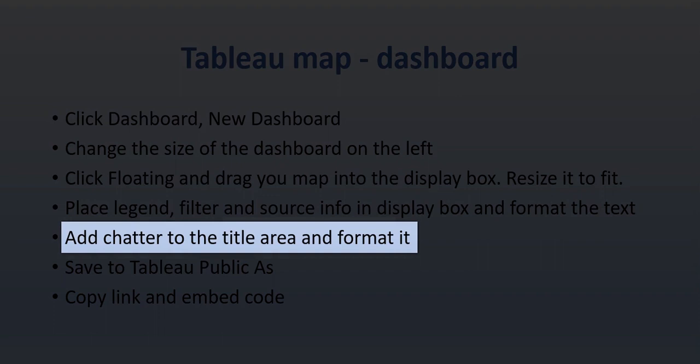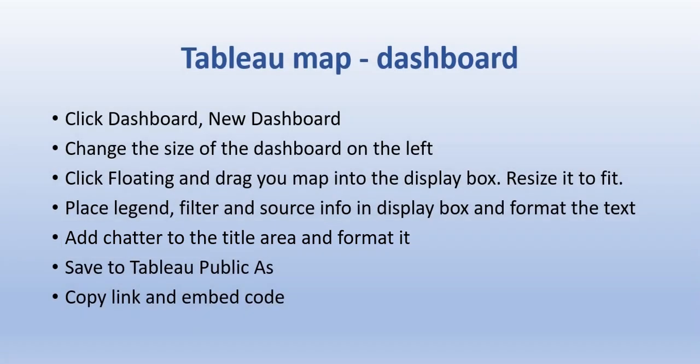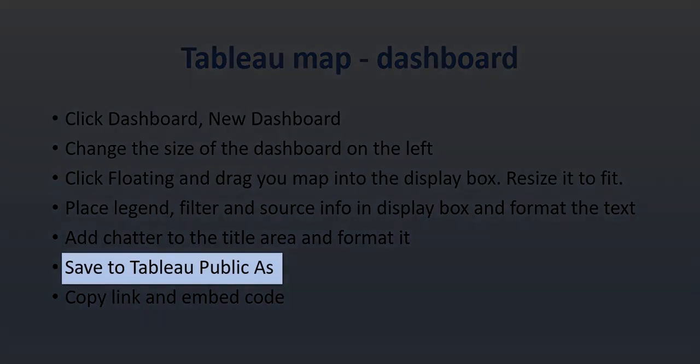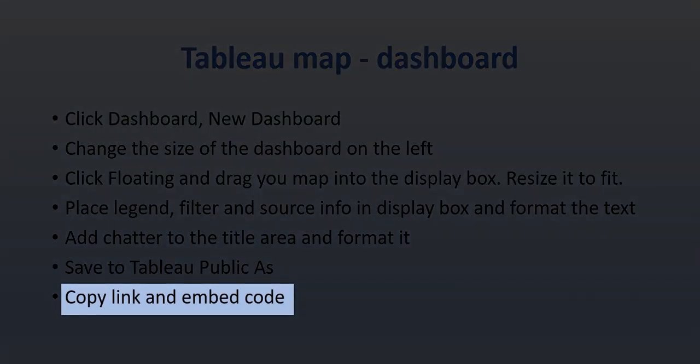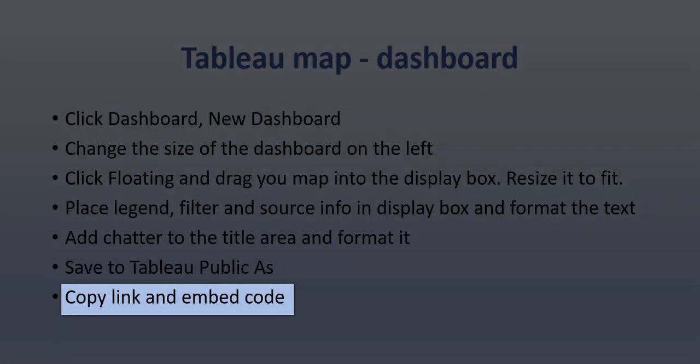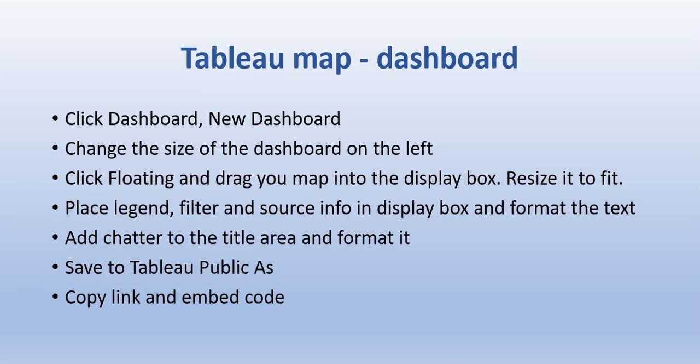Add chatter to the title area and format that as well. And once you have all your finishing touches that you really like, you save to Tableau Public As, and that's under the File menu. And that produces a link that you can show to other folks, or an embed code where if you had a web page, you can embed it into your web page. So that's a quick review.